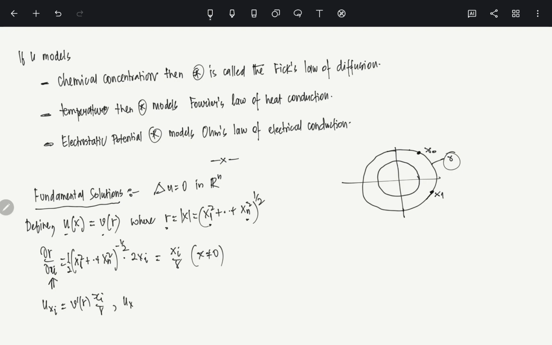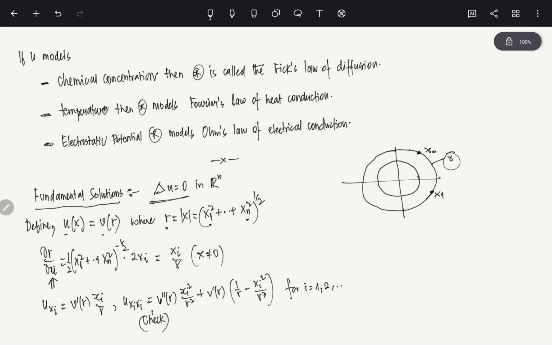And then similarly, what is u_xixi? Why are we finding u_xixi? Because we want to substitute it in the Laplacian of u. It will look like this: v''(r) xi²/r² + v'(r)(1/r − xi²/r³). Please check this. Now the Laplacian of u is the sum of these for i equals 1 to n, which holds for all i.